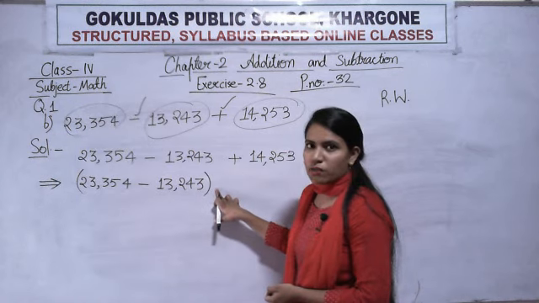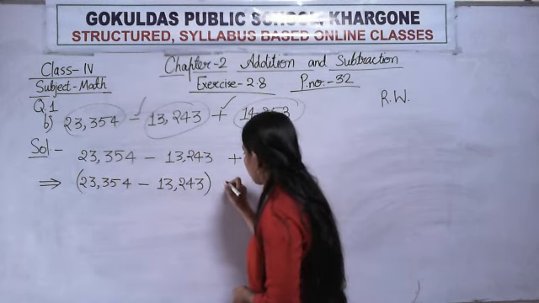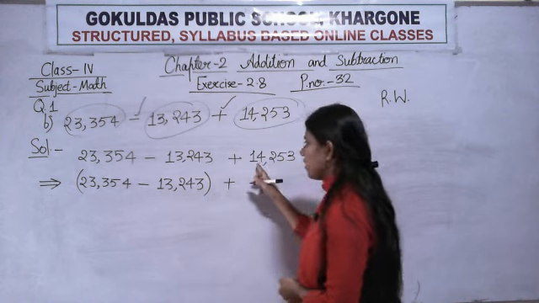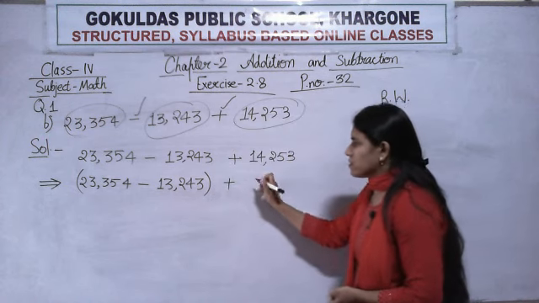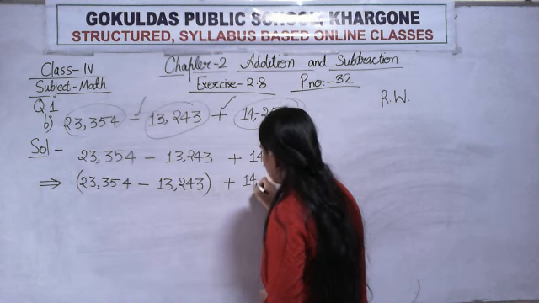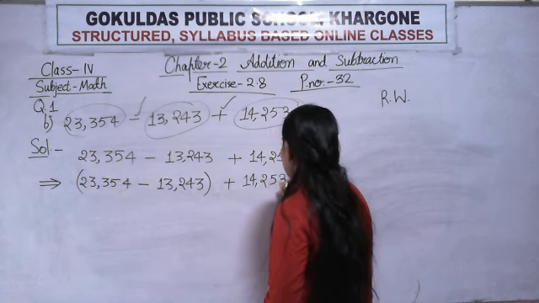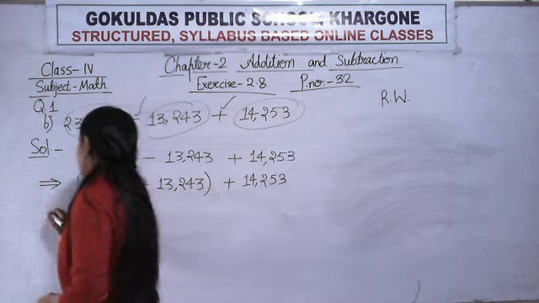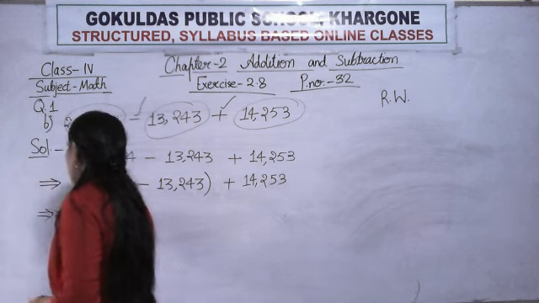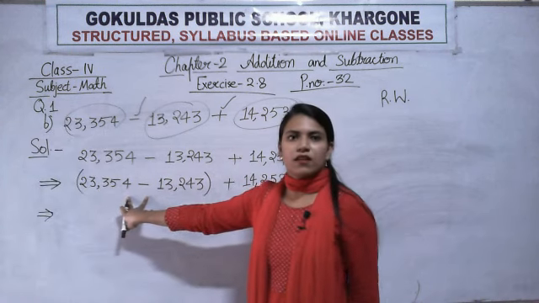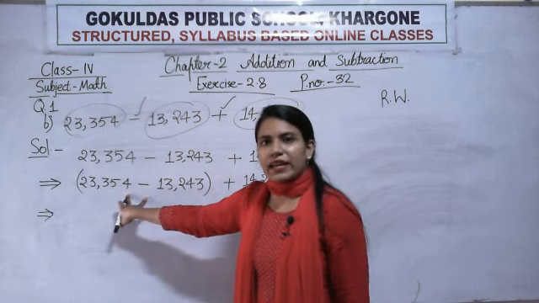This is a small bracket. Now plus symbol is there, so put the plus symbol, and you have to write this number 14,253.